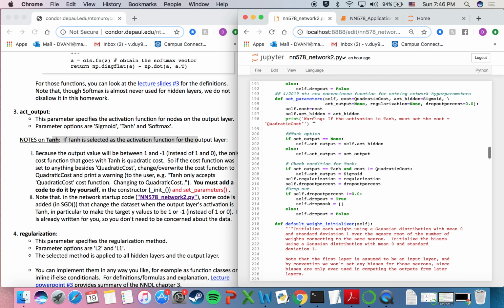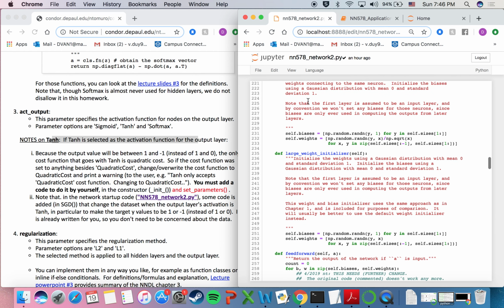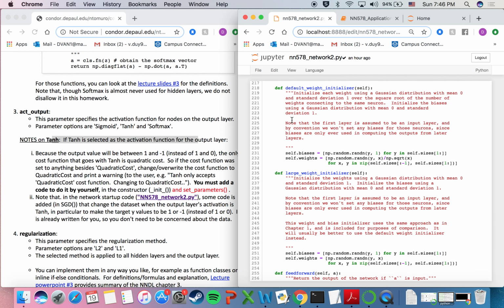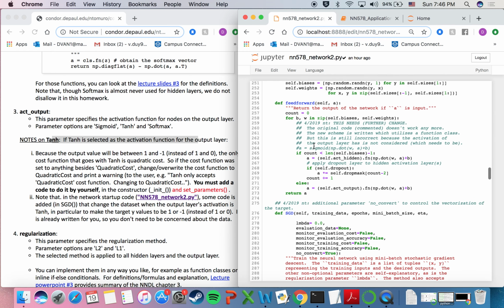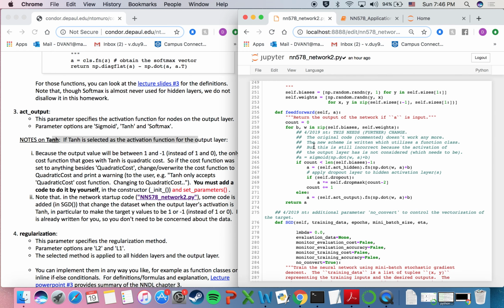Next, going along the line, I don't make any modification on the weight initial or large weight either, but the feed forward is different. Since we have the activation hidden and activation output, the feed forward is going to be different. The count right here is counting the layer.